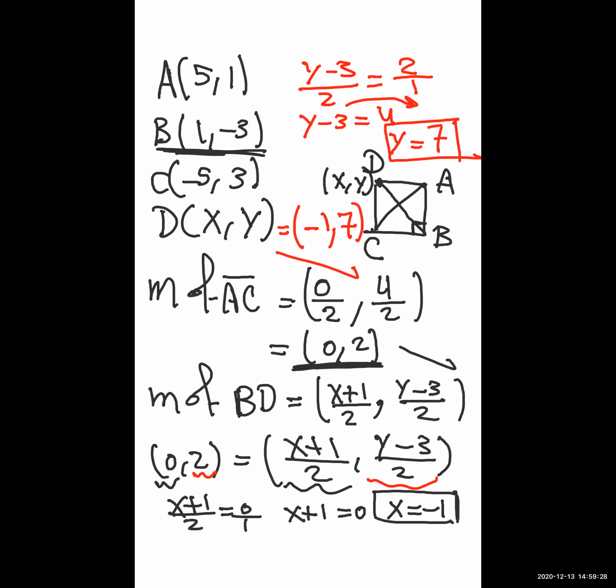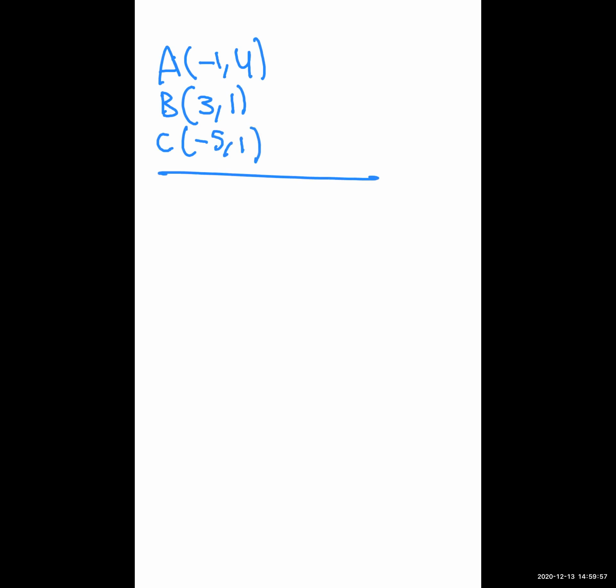Okay. So next question. Prove that the triangle whose vertices are A(-1, 4), B(3, 1), and C(-5, 1) is an isosceles triangle.